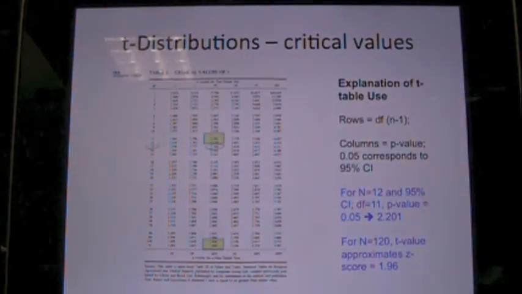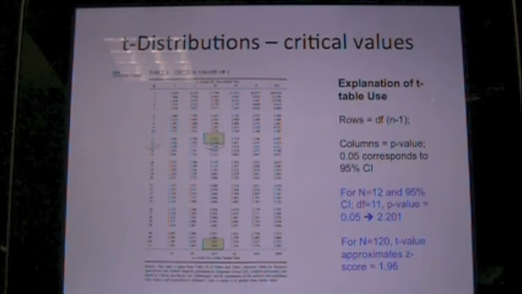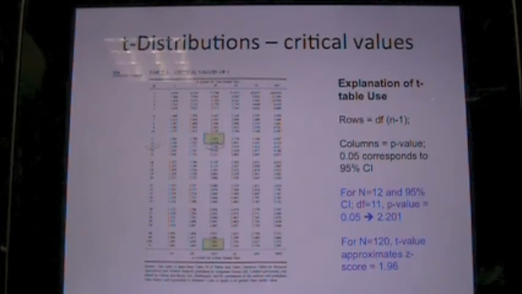As the sample size gets smaller and smaller, the t-distribution gets fatter and flatter, and you have to multiply the standard error of the mean times a larger and larger value to have it honestly allow you to calculate the 95% confidence interval.